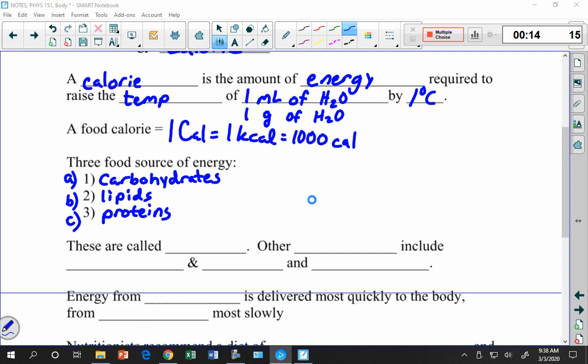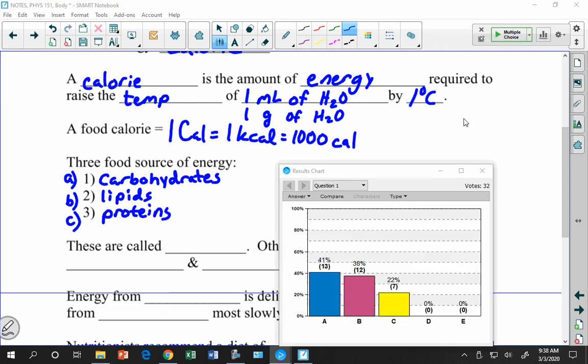Carbohydrates, lipids, or proteins. Okay, let's stop at 30.